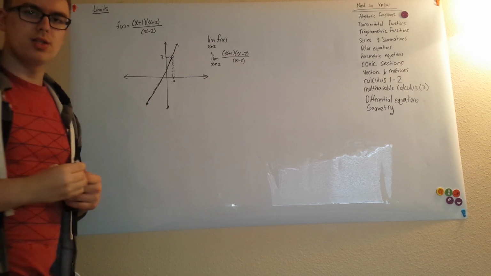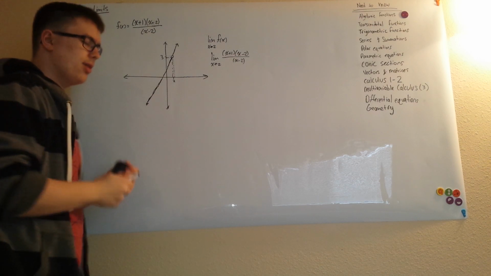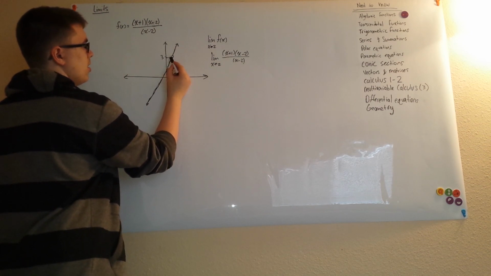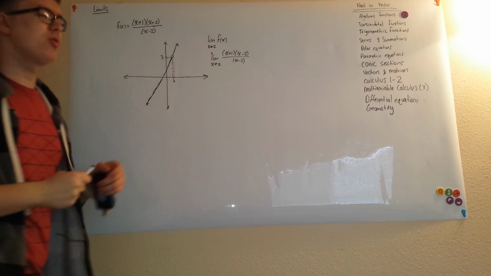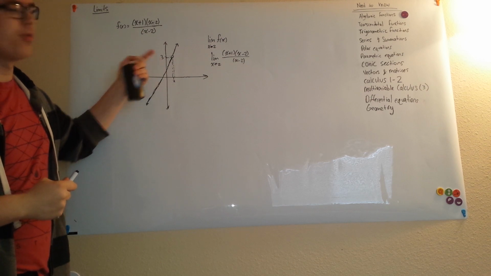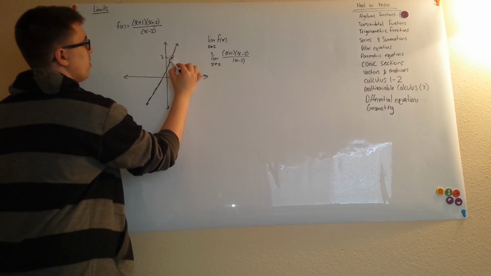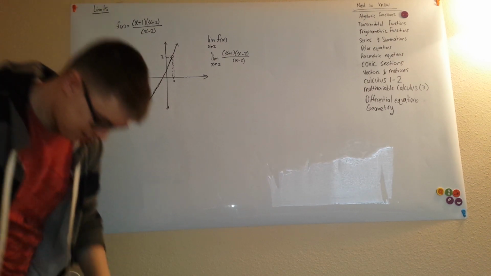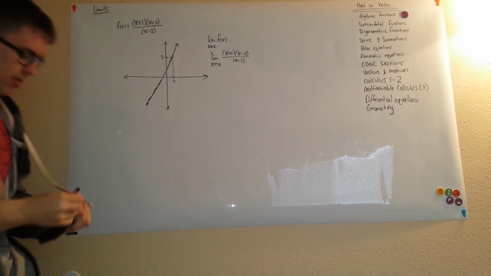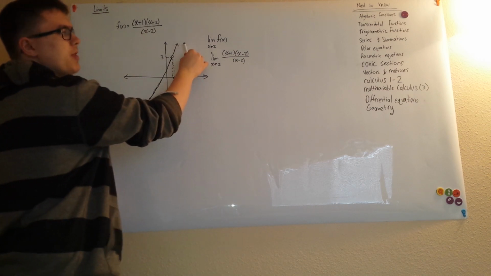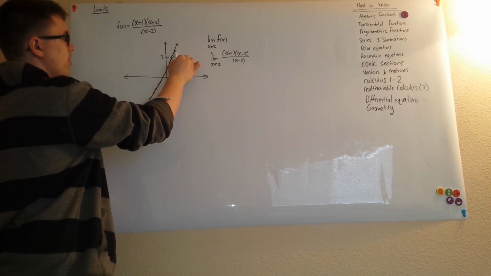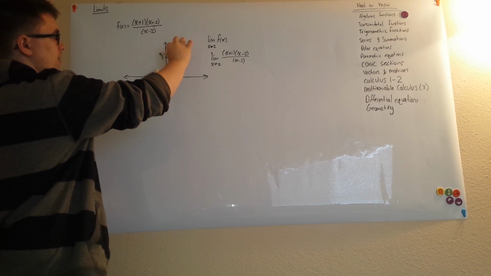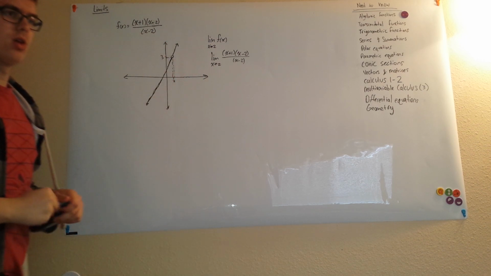And you notice that, hey, if I get really, really close to 2, well, I'm approaching the value of 3. I'm getting really, really close to 3 right here. And that's from the left side. From the right side, same thing is happening. I'm getting really, really close to 2, but my value is getting really, really close to 3.